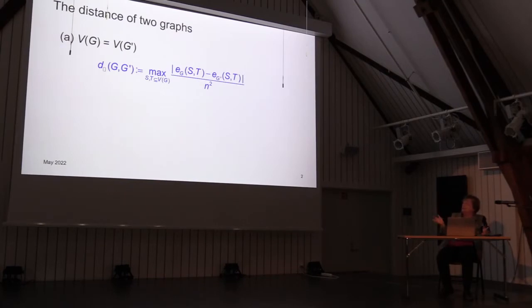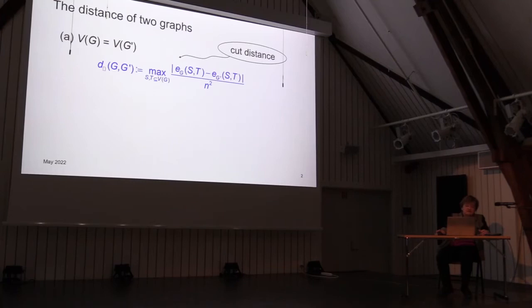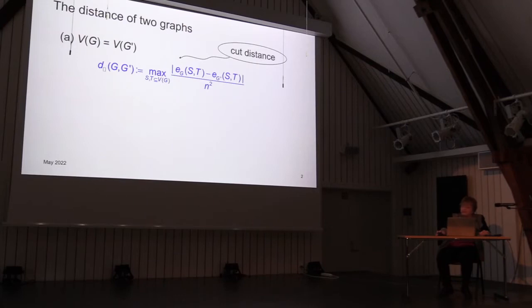Take the absolute value because it is nicer to have non-negative numbers. Later I will want to divide by n squared for certain purposes, and this is the cut distance. We take the maximum over S and T, which gives the cut distance of G and G prime.